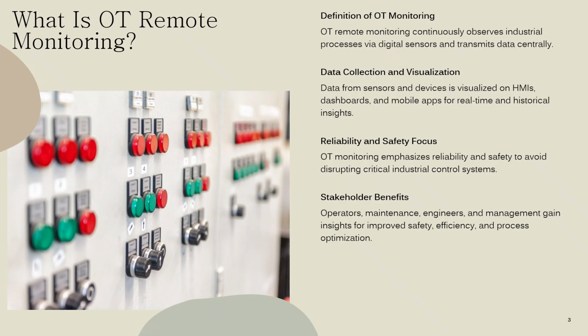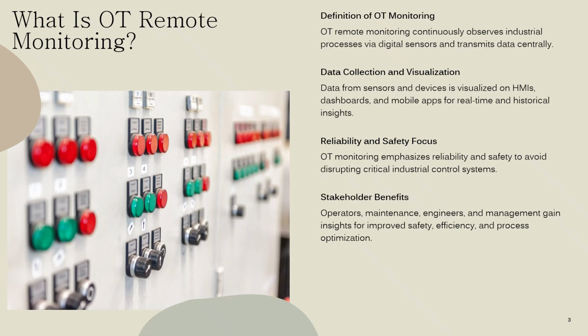A key distinction of OT remote monitoring is its emphasis on reliability, determinism, and safety. Industrial systems often run 24 by 7 and control critical infrastructure, so monitoring solutions must be non-intrusive and highly reliable. The goal is to gain visibility without disrupting control logic or introducing risk.